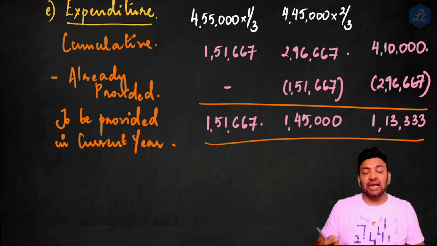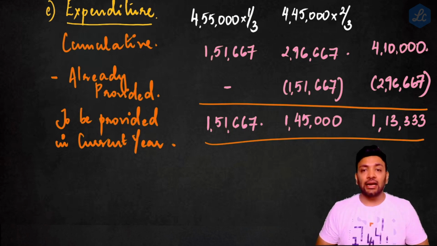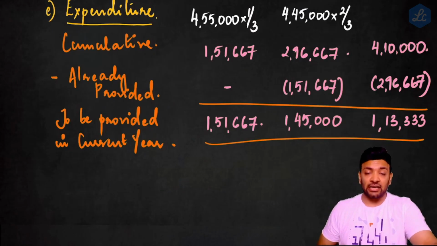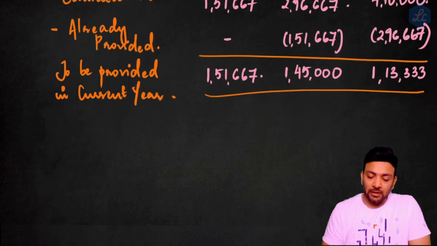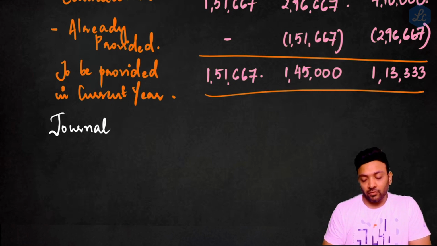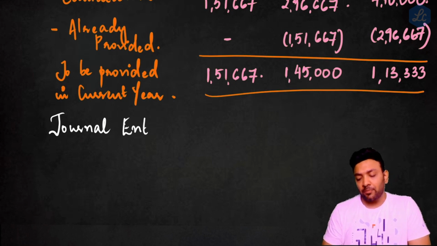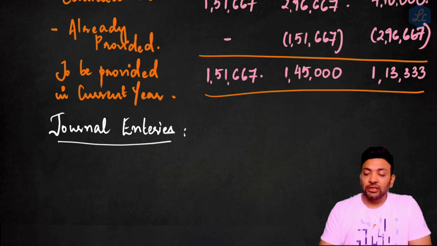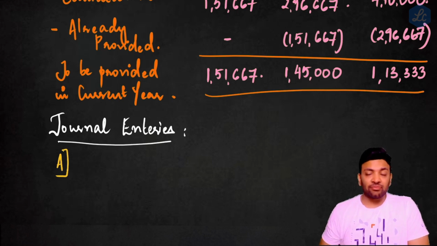If I have to pass an entry for this, let's look at it. Okay, he asked me to pass journal entry, so I will pass it. I'll put the heading as journal entry in the books of the company. The first journal entry that I'm going to record would go something like this.